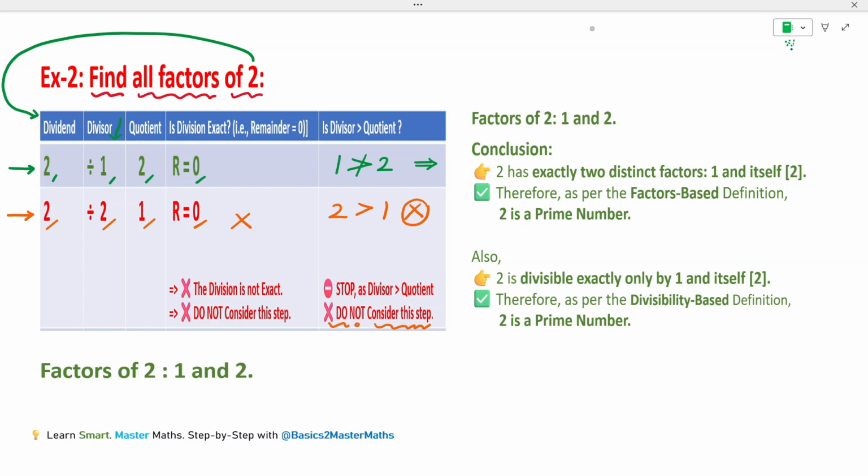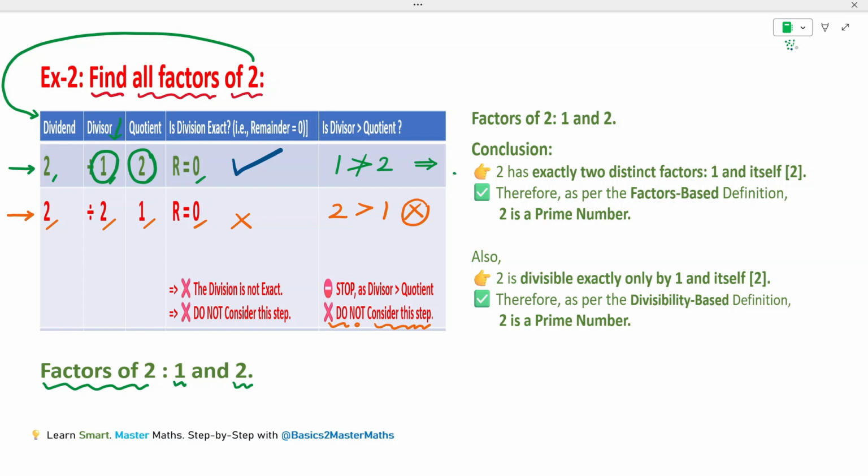Now observe the division is exact in the first step. Therefore, factors of 2 are 1 and 2. Got it?